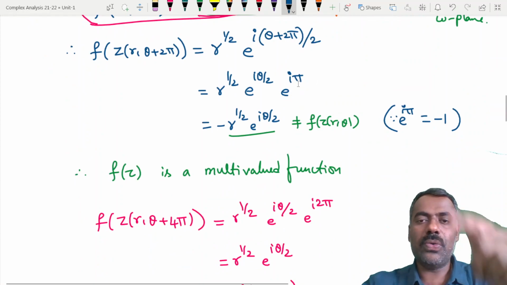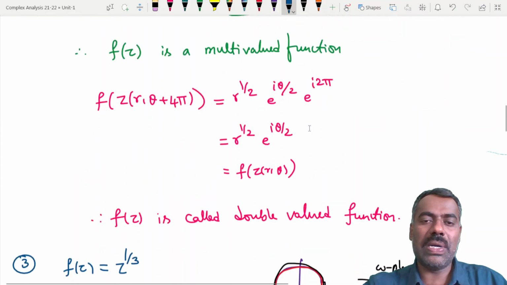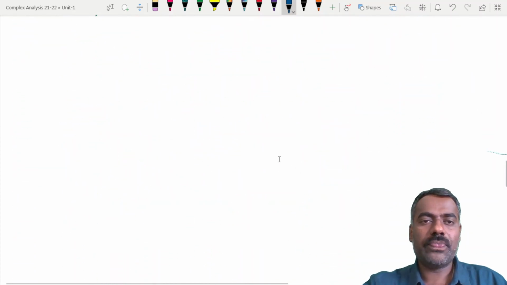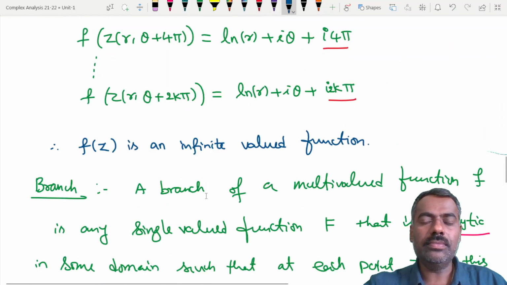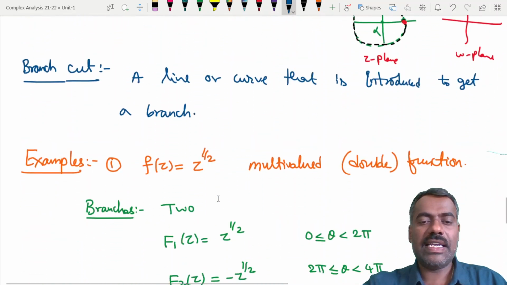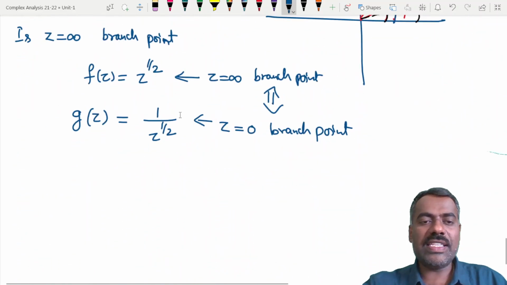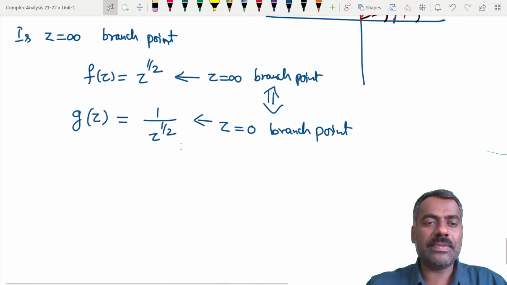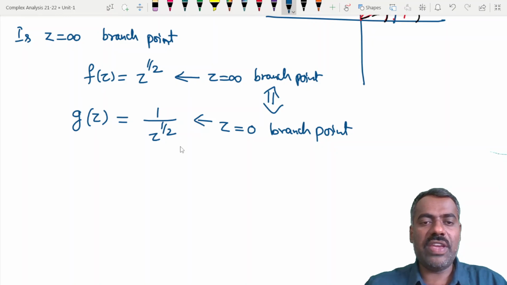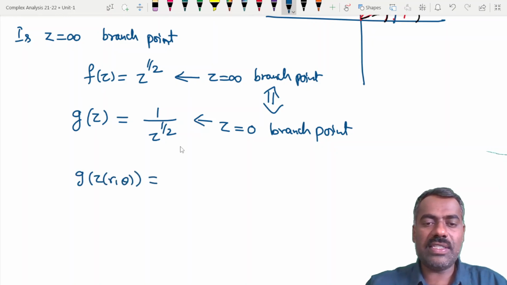Right? So 1 by e power i pi, which is minus 1 only. So therefore, is z equal to 0 a branch point for this new function or not? Whatever you have here, this g of z of r comma theta is 1 by z power half. And what is g of z of r comma theta plus 2 pi?